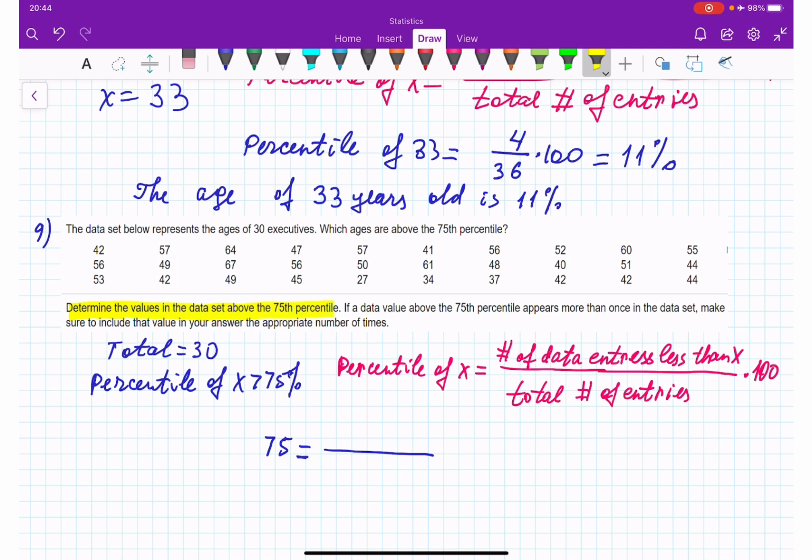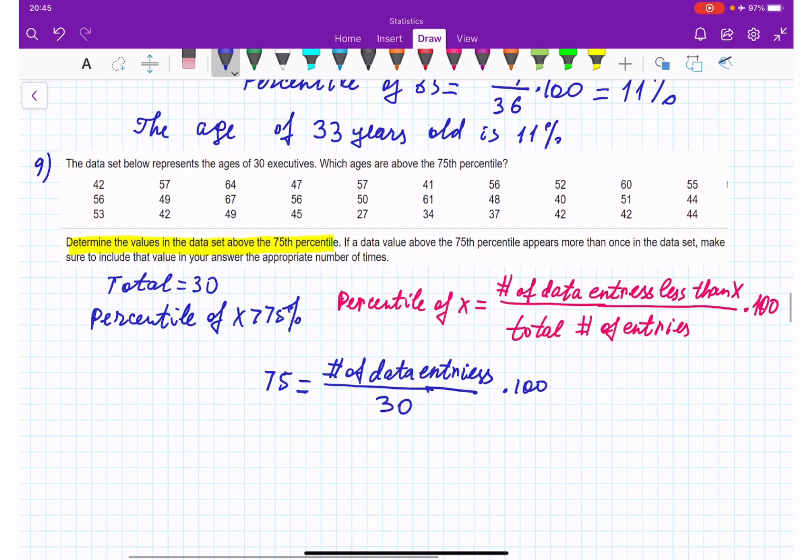So first we need to find less than 75, which is going to be the amount of data entries, divided by the total amount, we have 30, and times 100. Yes? Okay, now let's solve it.